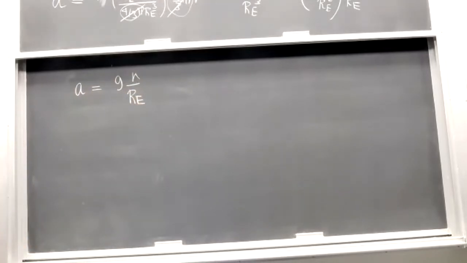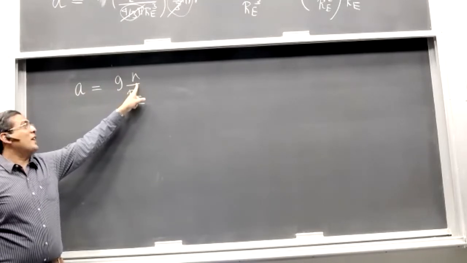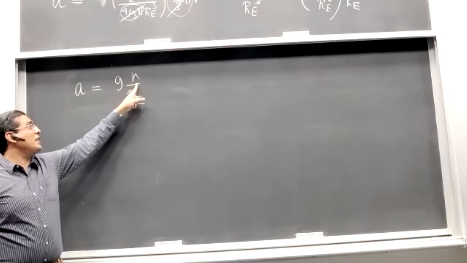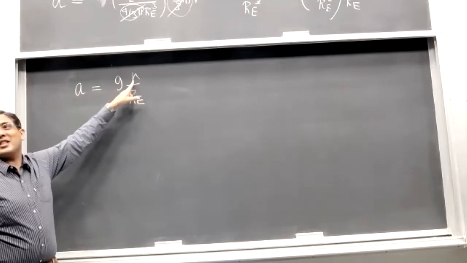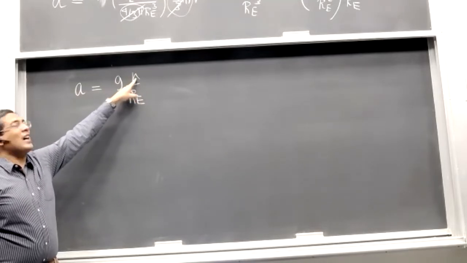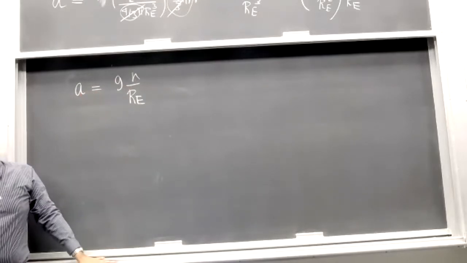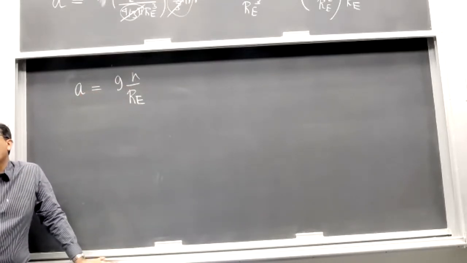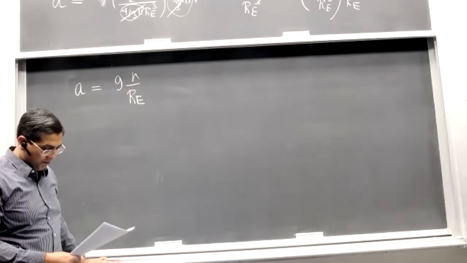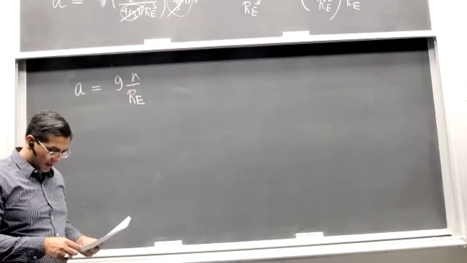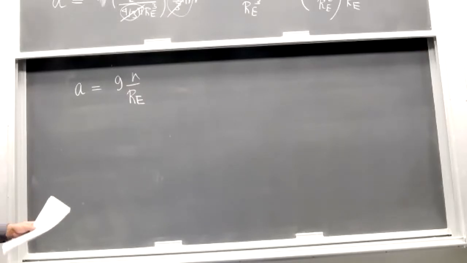Now this makes much more sense because when you are at the center of the Earth, the effective mass that is providing gravity is 0 and the acceleration is 0. Okay, and when you are at the surface of Earth, this R is equal to R_E and you get g back. ठीक है? ठीक है सर. Okay, then the rest is much more easy.